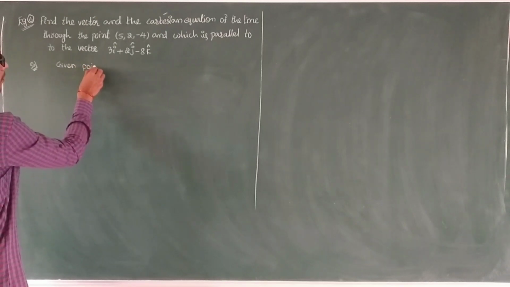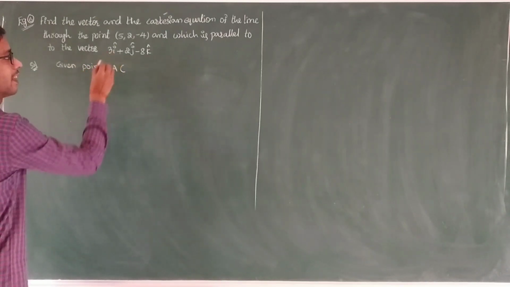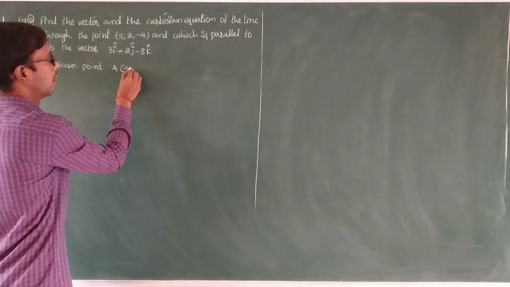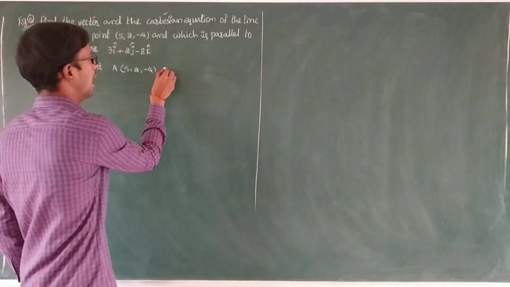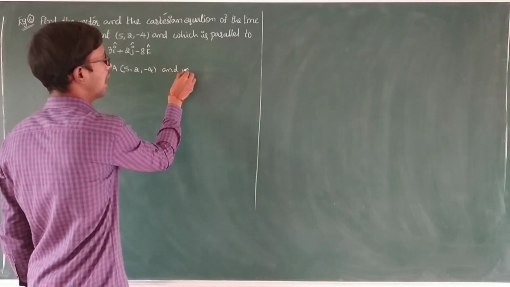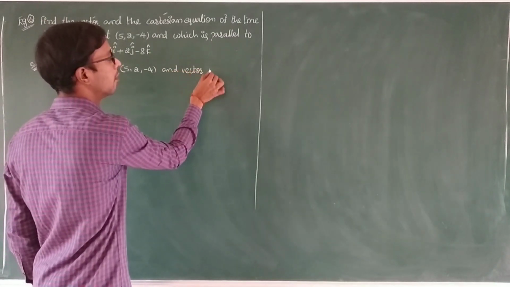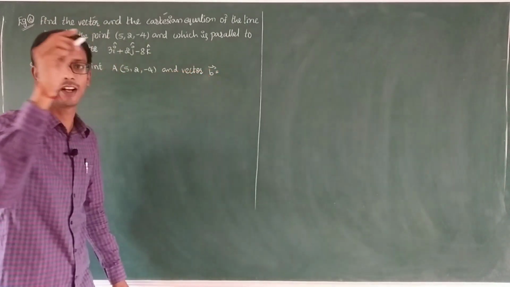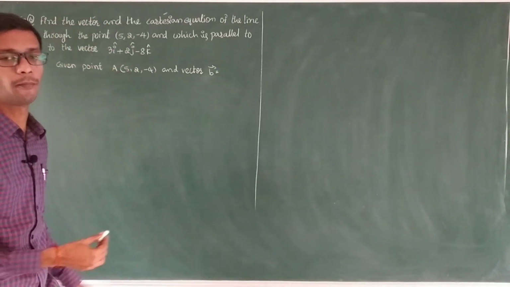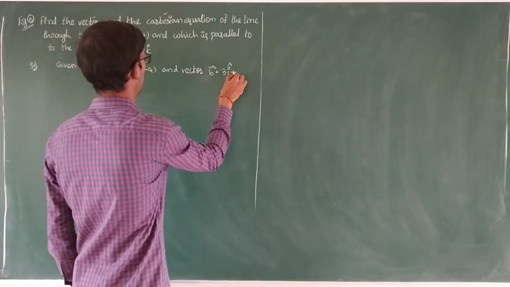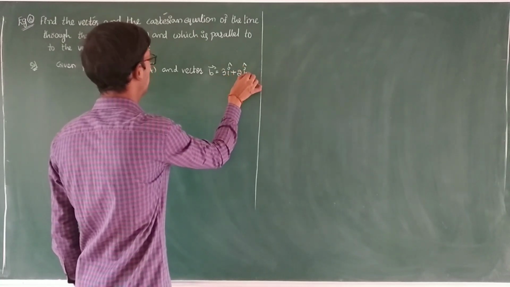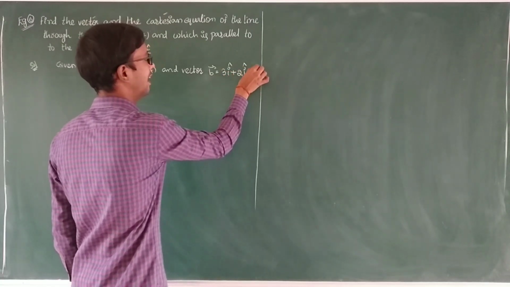Given point, I am taking as capital A: 5 comma 2 comma minus 4, and the parallel vector is B bar, B bar is equal to 3i cap plus 2j cap minus 8k cap.